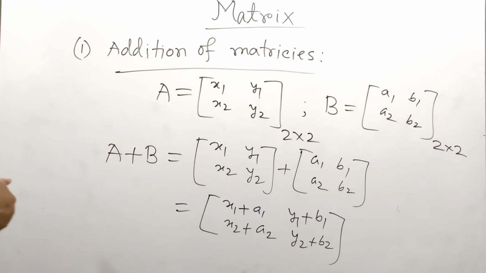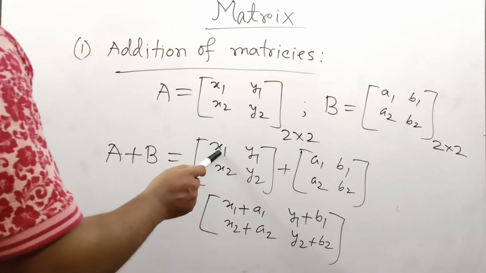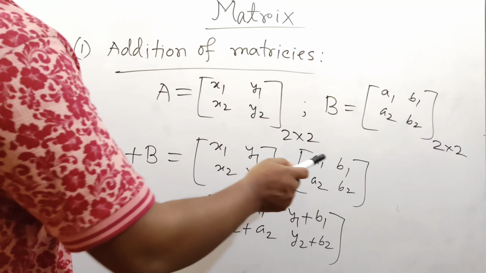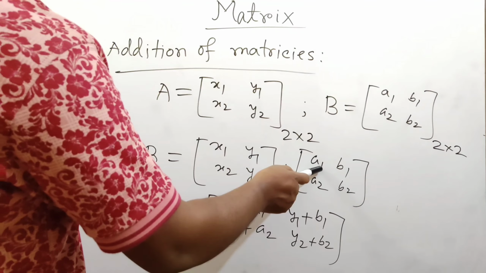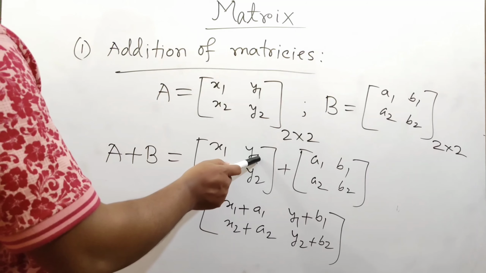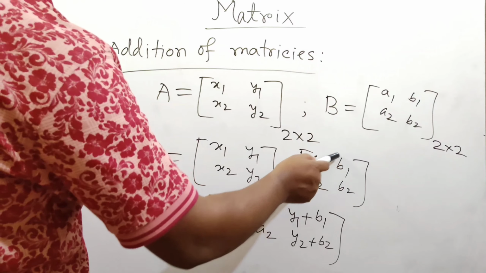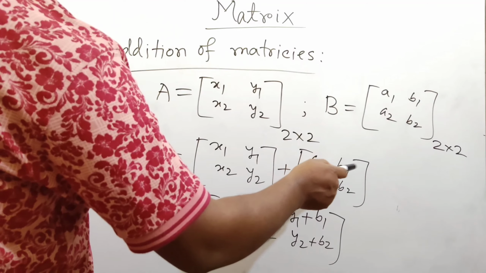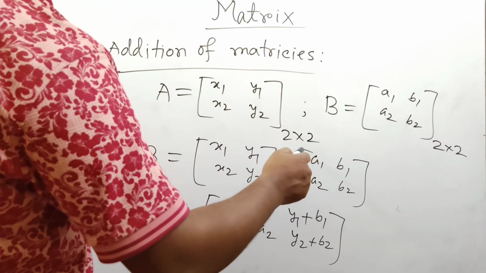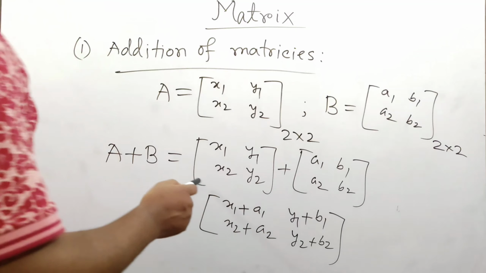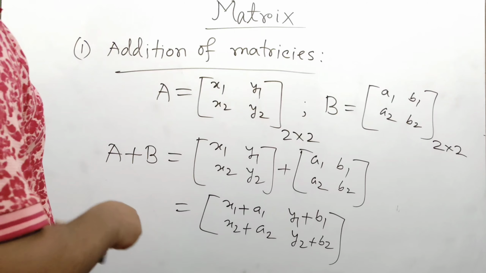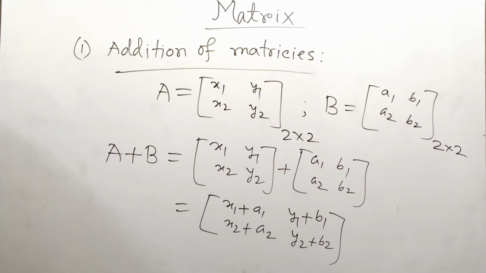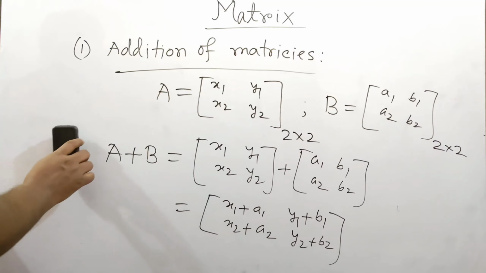That means the second element of the first row of the first matrix is added to the second element of the first row of the second matrix. So in that way you can do the addition. Now I'll show an example of how to add two matrices.